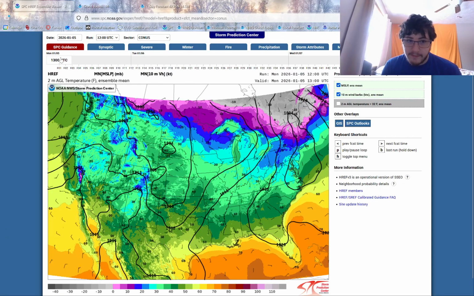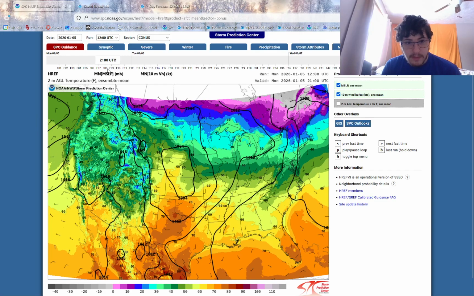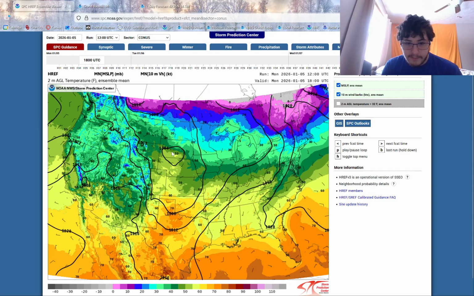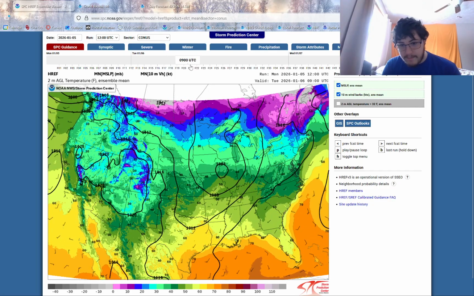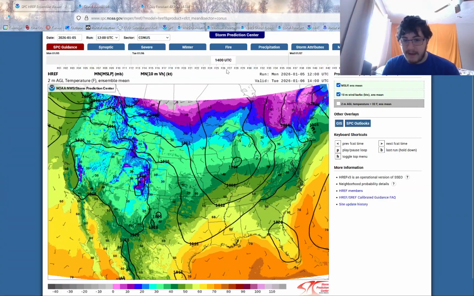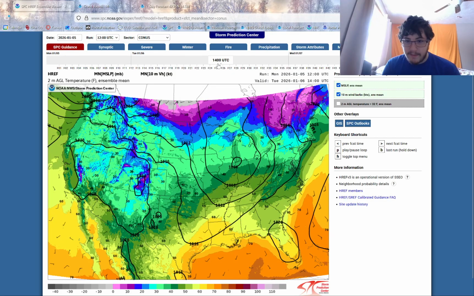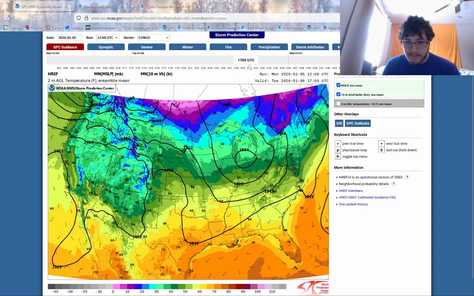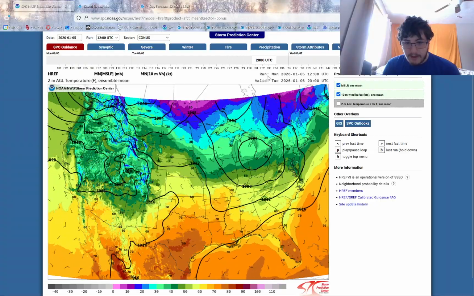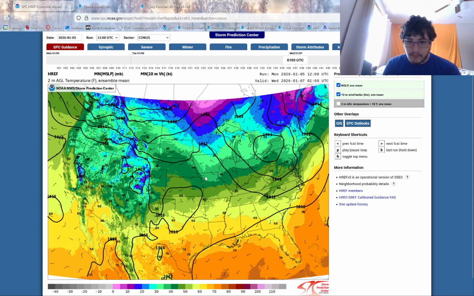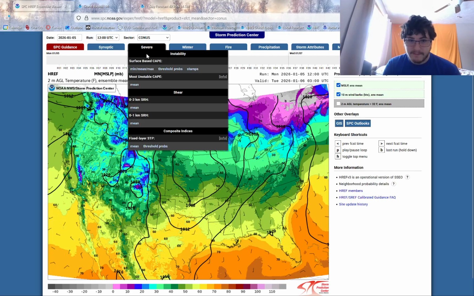So now if we jump down to the surface and go to about now, we do see an area of low pressure here over South Dakota and Nebraska. And that does definitely make its way closer to our area. And kind of as expected, we have a warm frontal feature right on the eastern portion of that, and kind of like a weaker cold front on the back side of it.